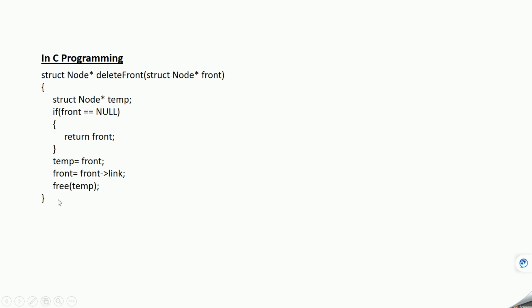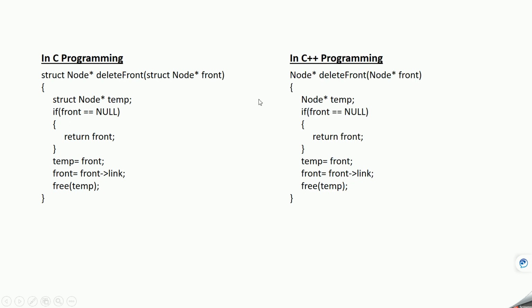The same thing we can write in C++ like this. This will also work in C++, but we can rewrite this function with no need to give the struct keyword here, and the same way here, and the rest of the things will be the same.